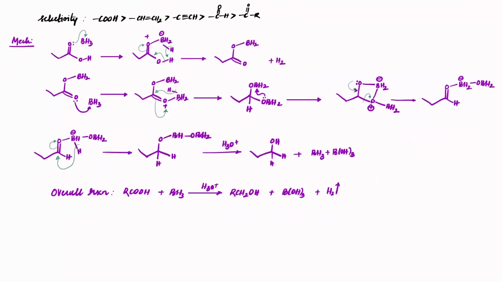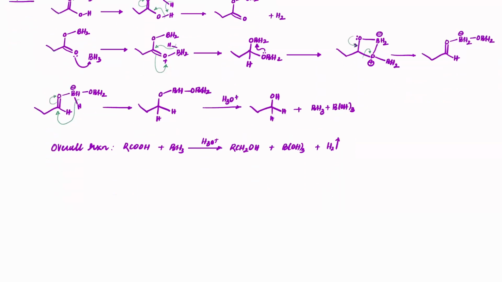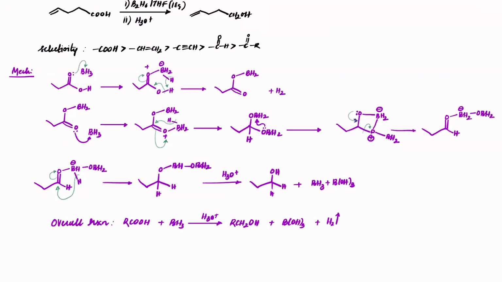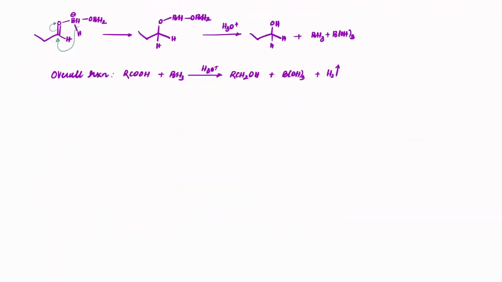Again, like I said, this is not a very favorable mechanism that you need to remember. This is only for your understanding, like in case we have an acid, how the reduction takes place. What is the takeaway from this reaction is this.